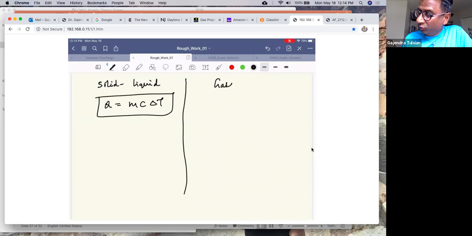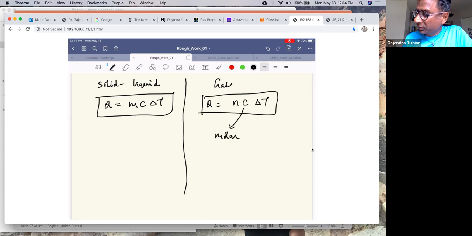So what we want to define is a molar specific heat for a gas, just because it's more convenient to measure how many moles of a gas you have.